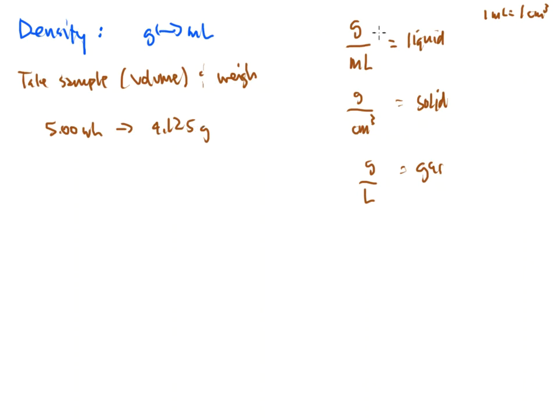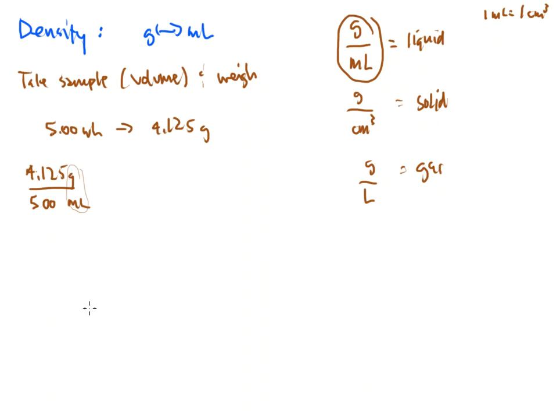And the question wants me to calculate density. Well, if I remember, density is grams per milliliter. That's really all we've got to do. Remember, grams per mil. Then to calculate density over here, 4.125 grams over 5 milliliters, right? And there's my grams per mil unit. That's what I need. That's why I set it up that way.